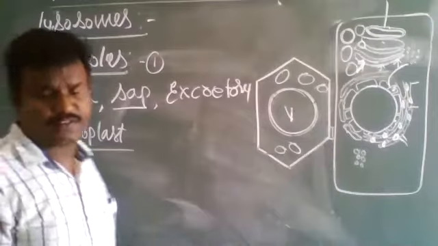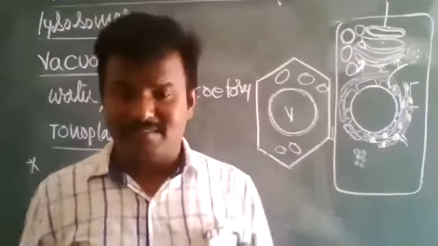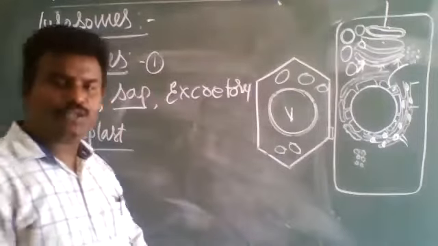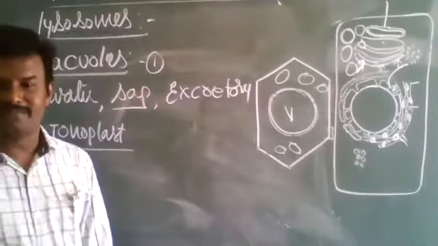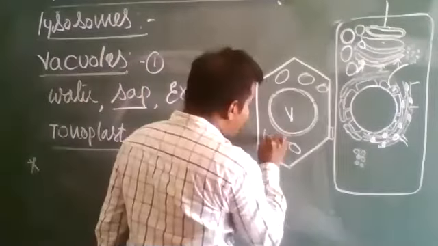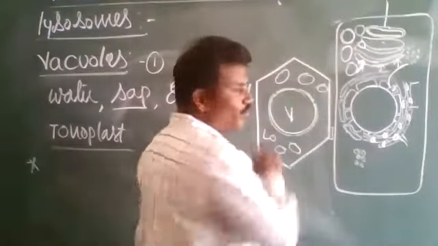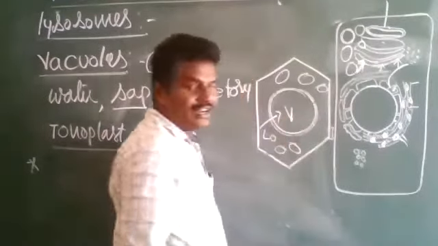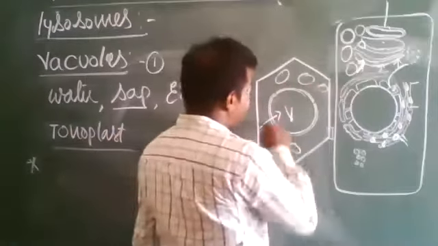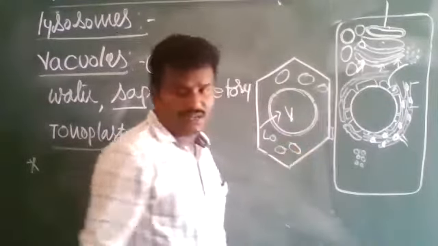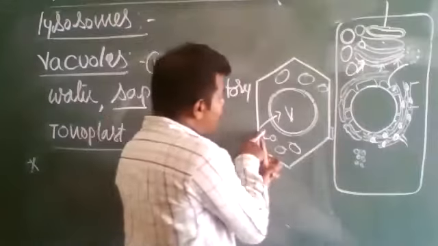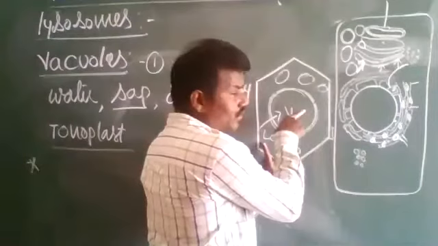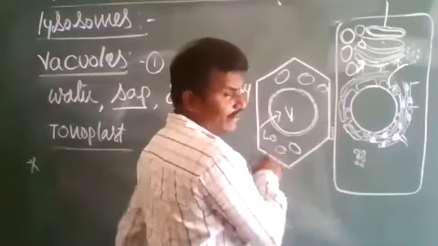So this membrane facilitates transportation of various kinds of ions, molecules, materials from lower concentration to the higher concentration. From the surroundings, the concentration is lower. So from the lower concentration, ions, molecules, and materials are allowed to enter inside of the vacuole.